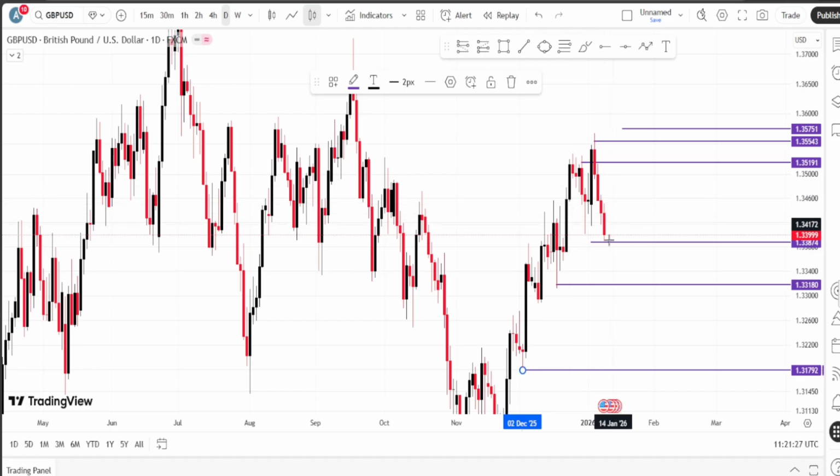So these are the two scenarios I've shown you. Either this fair value gap fails to be respected and price comes here, and there is a very good possibility that this daily fair value gap may not be respected.